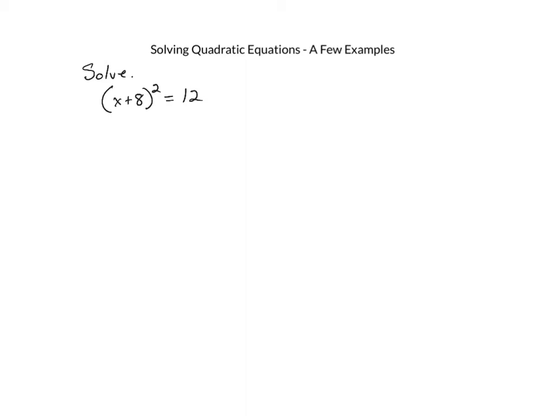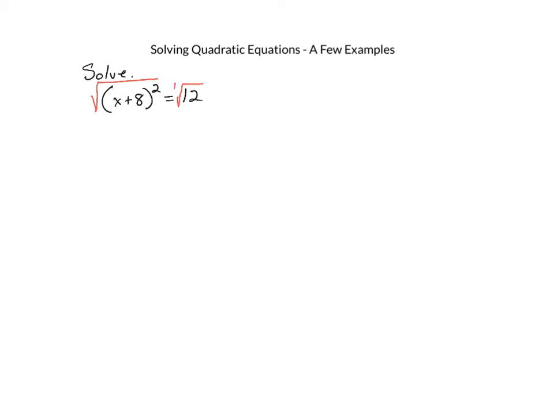And I could do that, but let's think about the second strategy, which is the square root property. This is perfect for the square root property. The square root property says if we have this nice perfect square on one side and a number on the other side, we can just take the square root of both sides and efficiently get to my solution.